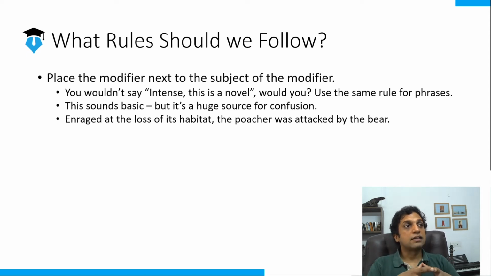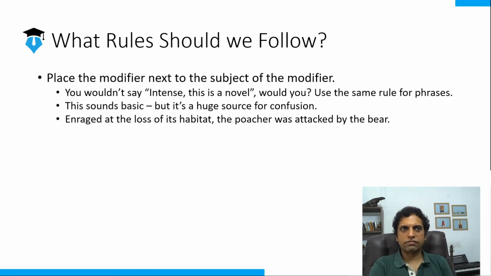So another example, enraged at the loss of its habitat, the poacher was attacked by the bear. Who or what is enraged at the loss of its habitat? It should answer that question. You wouldn't be referring to a poacher as an it, you would be referring to a bear as an it. So therefore, what do you do here?